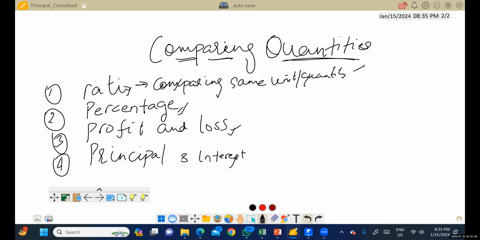Here we are seeing about the profit over the sale over the cost. Here we are comparing principal with the interest, like cost price and selling price.